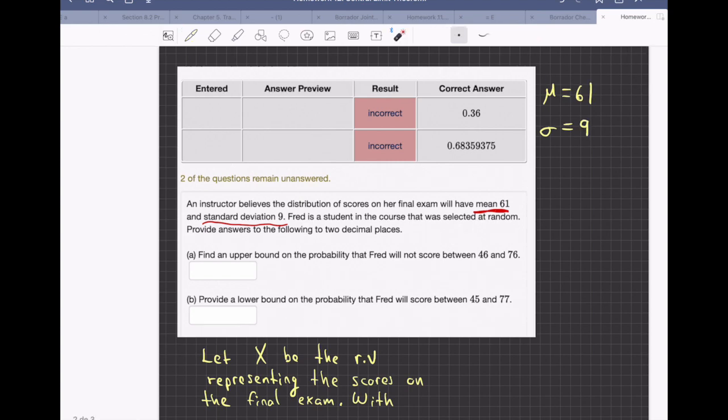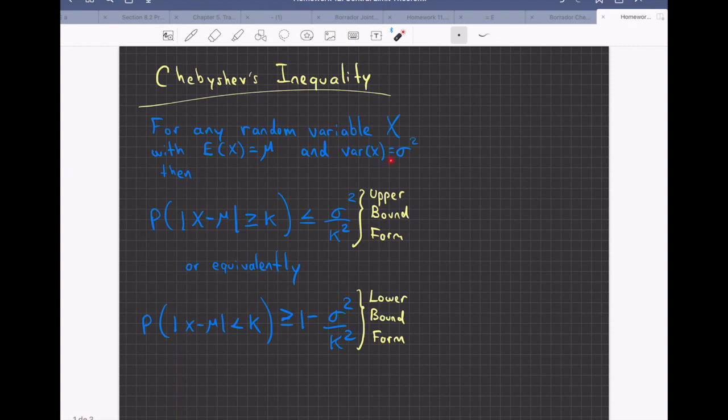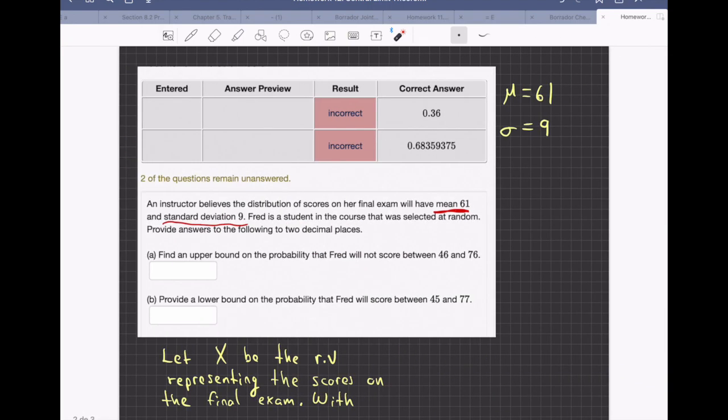Again, in the theorem, we have variance, that is sigma squared. But if you consider only sigma, you have the standard deviation. So this information is going to be important.